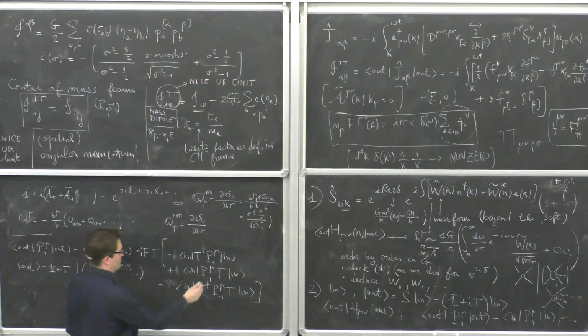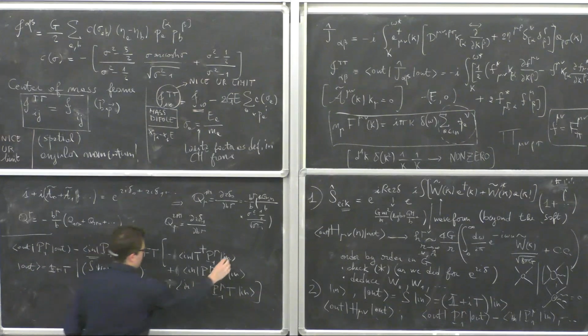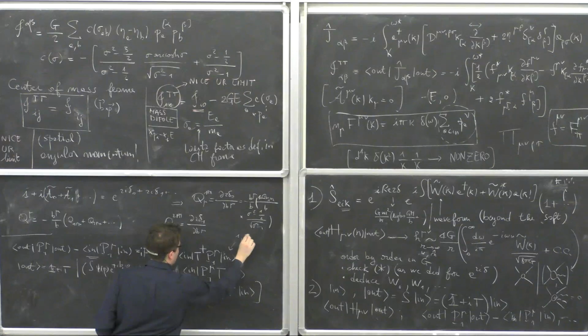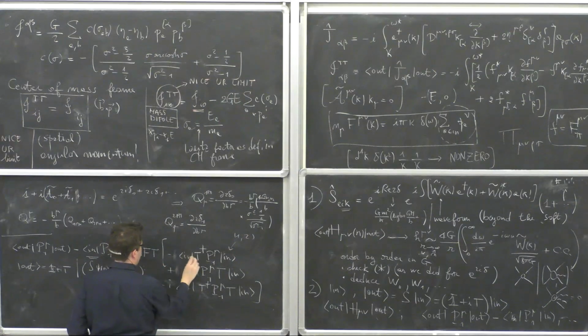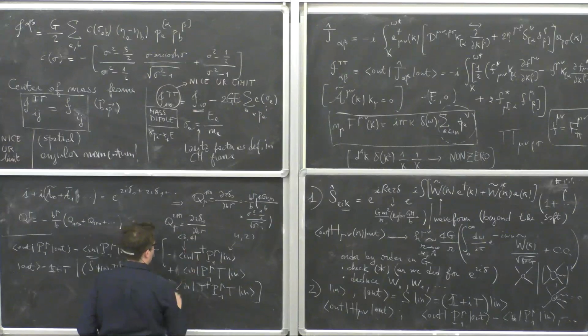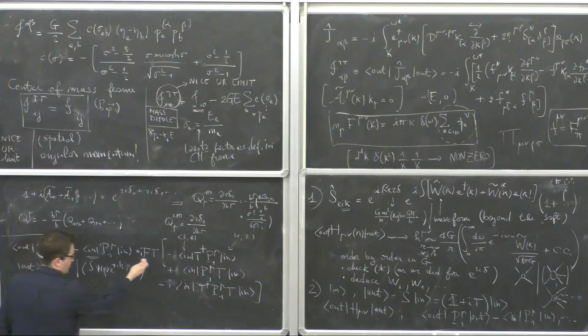Then what happens is that we have to insert complete sets of states in this guy in order to make sense of it. So the diagrammatic interpretation, this is a two-particle state, right? So we can think of this as having 1, 2, and this guy as having 3, 4. And then performing the Fourier transform, as I said.